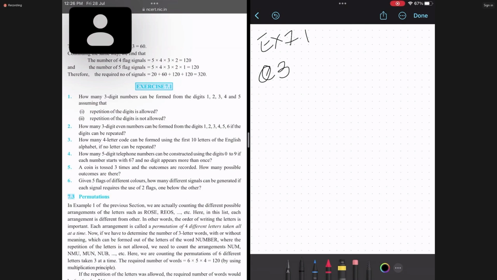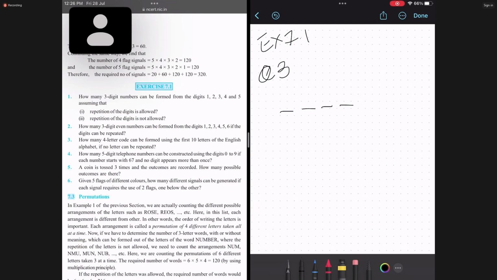The code we are forming is 4 letters long. Whenever you approach such questions, make sure to make blanks as I'm doing on the screen right now. This will help you visualize the solution better and arrive at the solution faster, because once you have filled up one place, you'll be able to think along other lines.